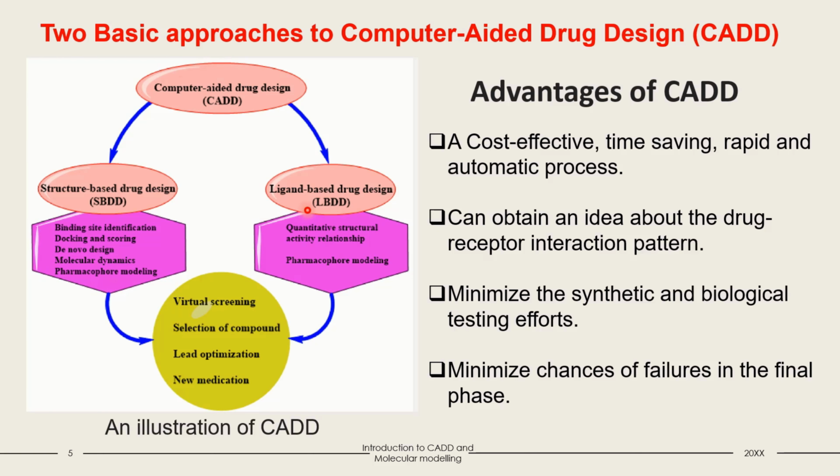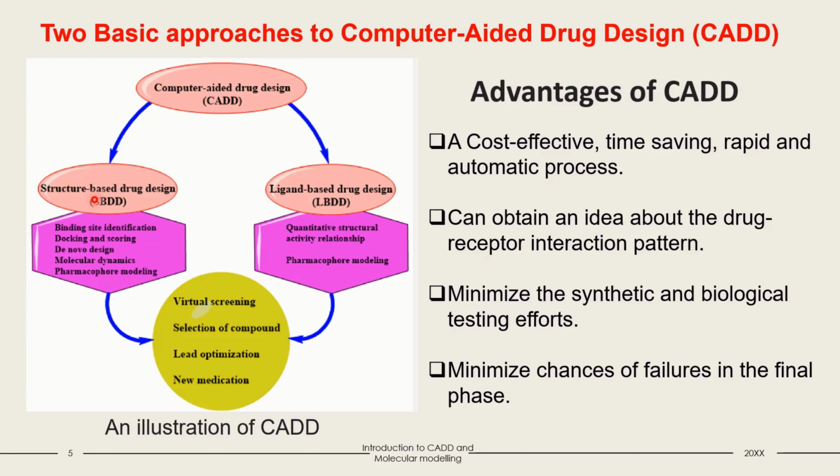However, in ligand-based drug design, we only have what we call our target. We have our target, which could be our receptor, our protein, or RNA, and using that to investigate ligands that could bind to the protein or the target we have.